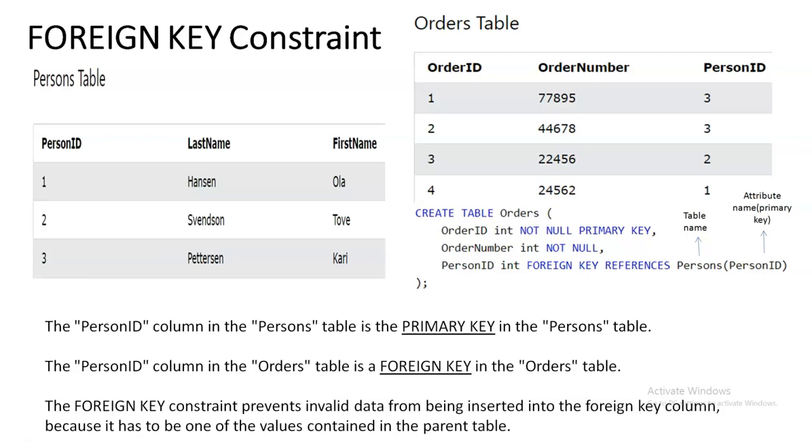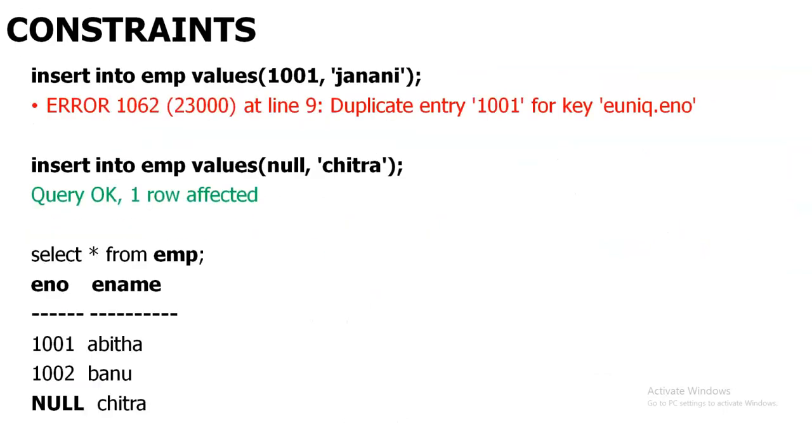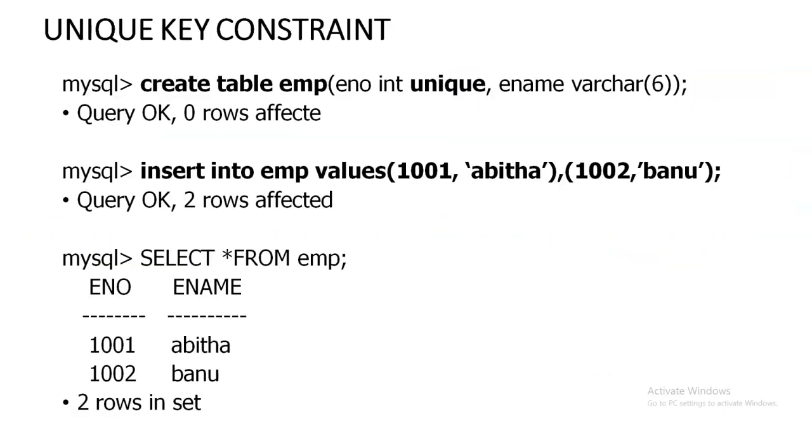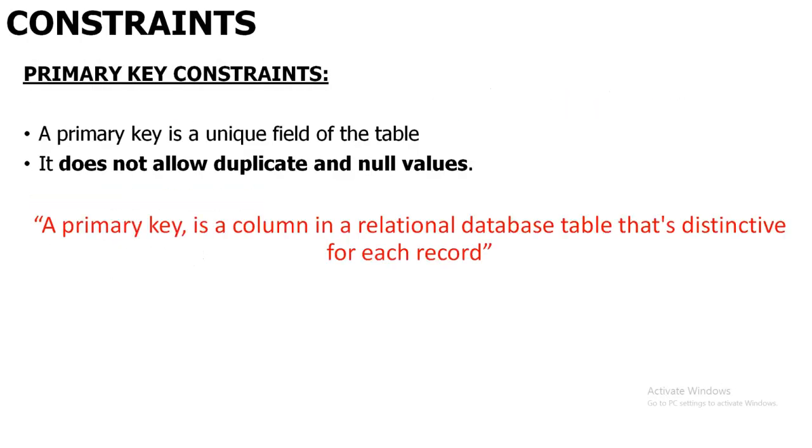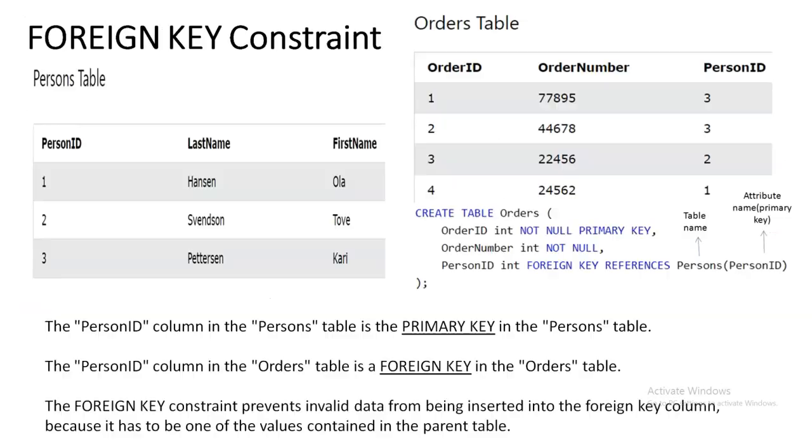In this lecture, we covered what a unique key constraint is. For the unique key constraint, all the values should be unique, and it will also accept the null value. The next one we saw was the primary key constraint. All the primary key values or columns should be unique, and it cannot accept a null value. And for foreign key, we saw two constraints.